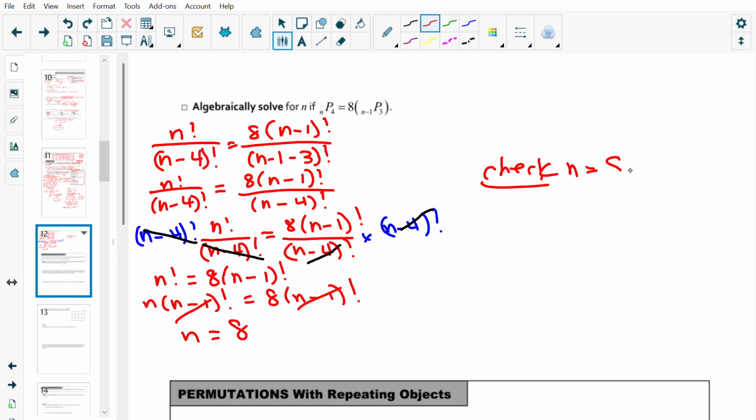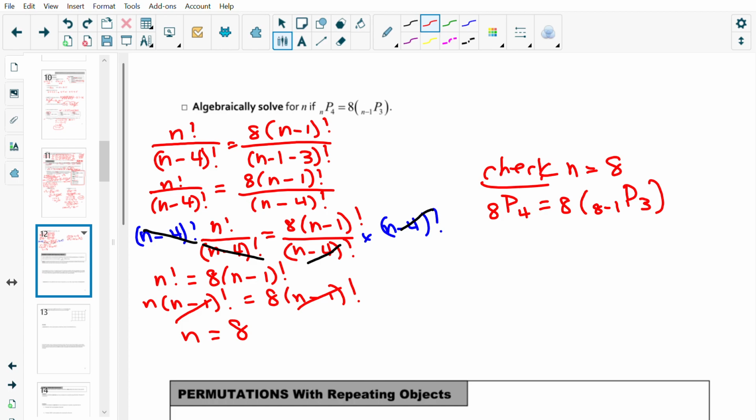And like good equation solving, I'm going to check n equals 8. I have 8P4, so permutation of 8 things taken 4 at a time. Does it equal 8 times 7P3? Okay, if you do this on your calculator, let me do this on mine.